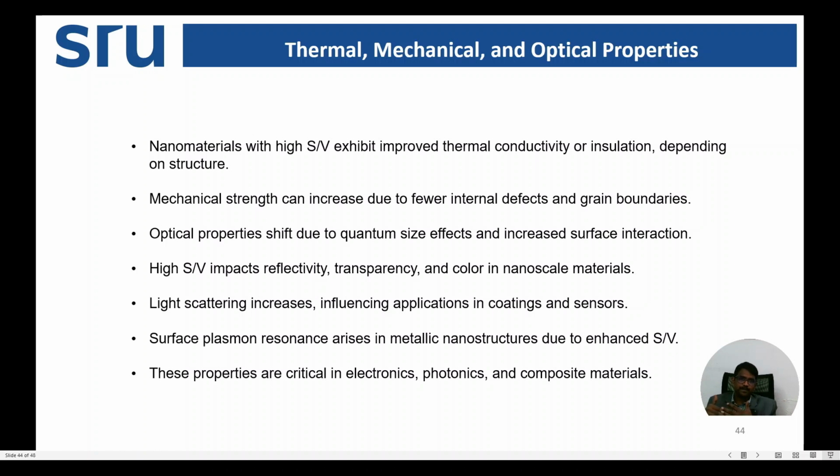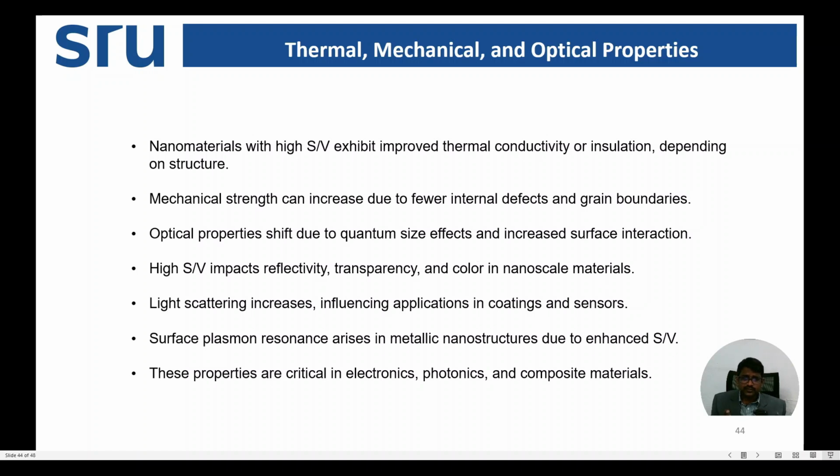Even within nano, for 10 nanometers and 5 nanometers, the band gap will change, right? So optical properties shift due to quantum size effects and increased surface interaction. High surface to volume ratio impacts reflectivity, transparency, and color in nanoscale materials.